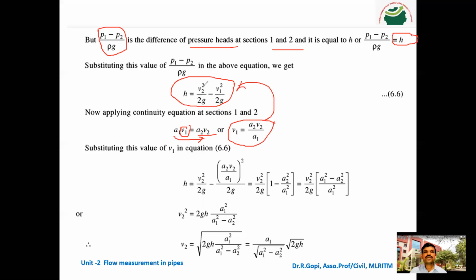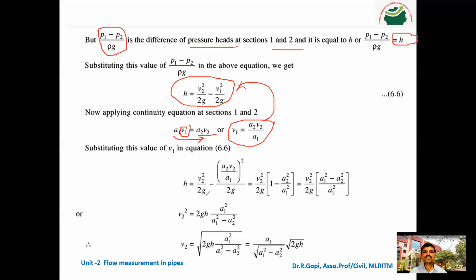Here we know V2 square by 2g minus V1 square by 2g. So substitute V1 in this equation. H is equal to V2 square by 2g minus (A2 V2 divided by A1) whole square divided by 2g. Okay, so simplify.